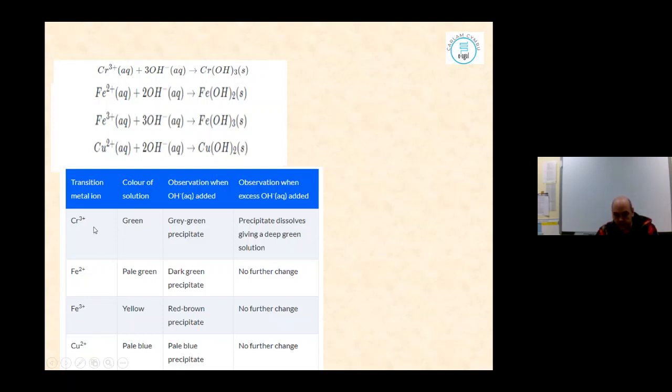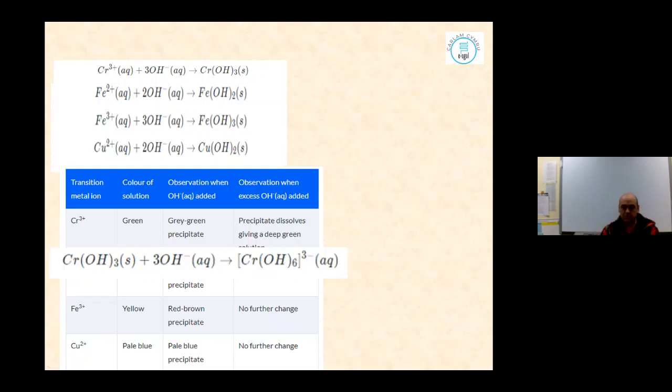These transition metal ions, the colours of their solution, which you already had to know anyway, that was on one of our previous slides, but now you have to learn what happens when you add hydroxide ions, so the colours of the precipitates. And you need to know that the chromium precipitate, the Cr3+, will actually dissolve when you add excess hydroxide ions, and you should hopefully know why that is.